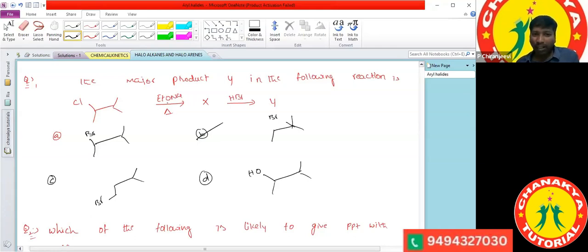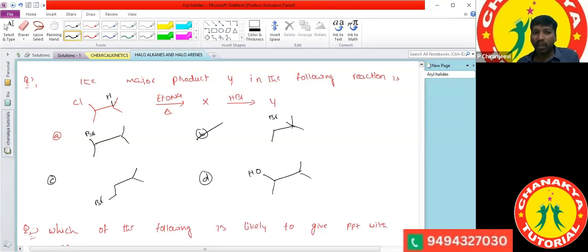Sir, how do you say the answer is B? Let us see, ma. First of all, the E1 elimination reaction. Did you remember? I clearly told that. In the elimination reaction, this carbon atom contains one hydrogen.